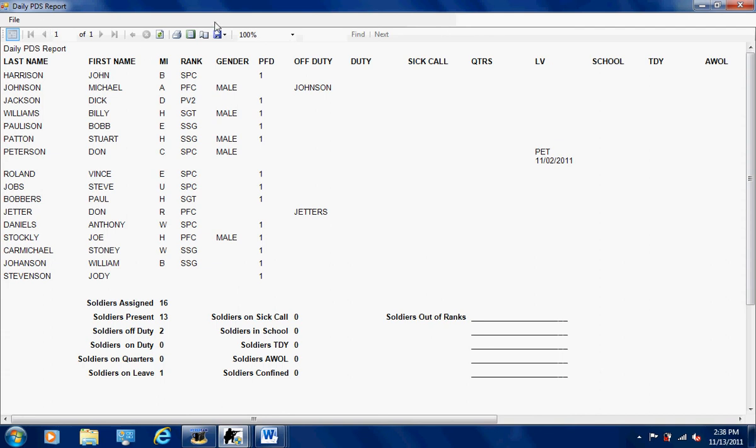Okay, and like I said, you can print this out to Excel so that you can manipulate it in Excel, or you can continue to manipulate it right here, or you can print it out on PDF. You exit here.